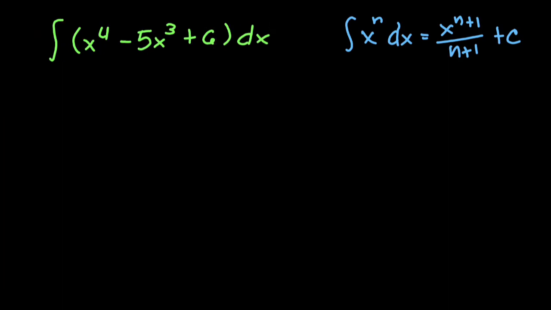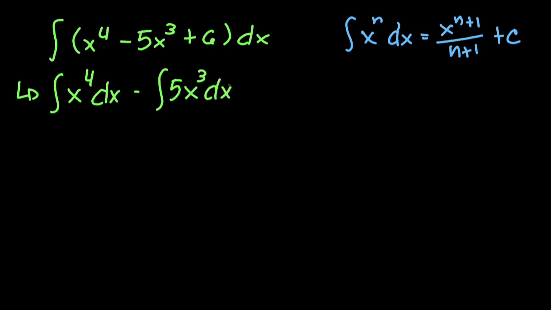Next up would be the integral of x to the power of 4 minus 5x cubed plus 6. So once again, split this integral into 3 parts. And focus on this first one first.